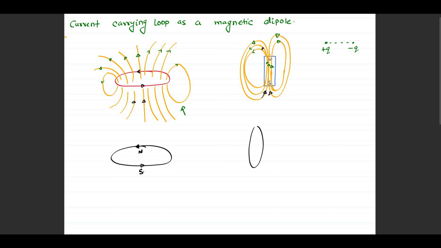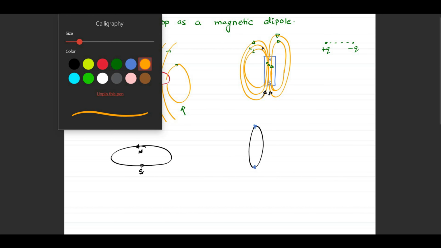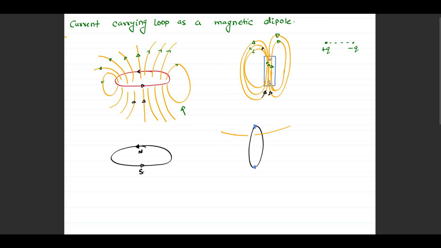Similarly, if I have a loop like this carrying current in this manner, you can decide the direction of field lines. It will be like this. So can I say the face on this side is then behaving as north pole and face on this side is behaving as south pole, correct?